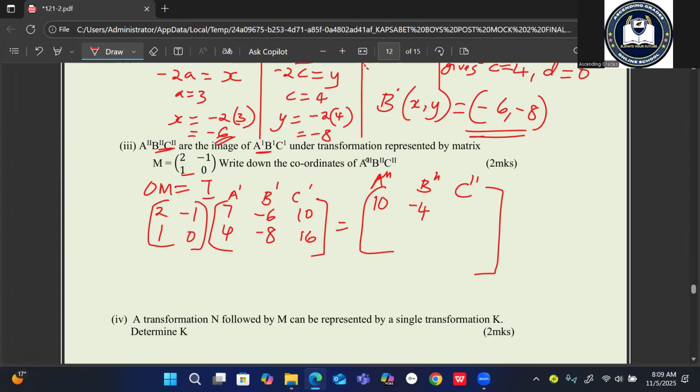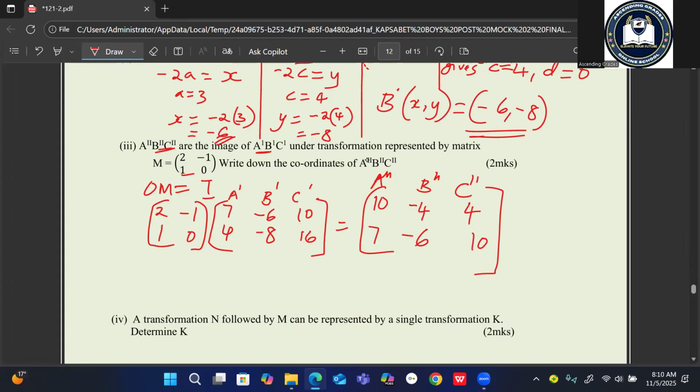For C, we have 20 minus 16, we get 4. So here we have 1 times 7 plus 0, so that one gives you 7. We have 1 times -6 plus 0 times -8, which is just the same as -6. We have 1 times 10 plus 0 times 16, which gives us 10.